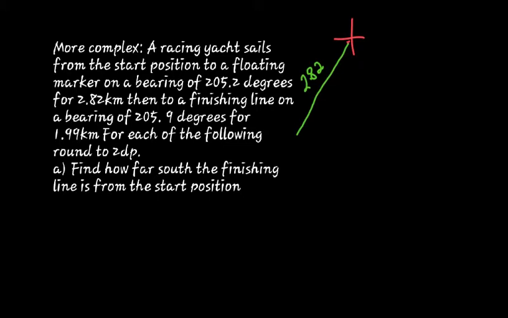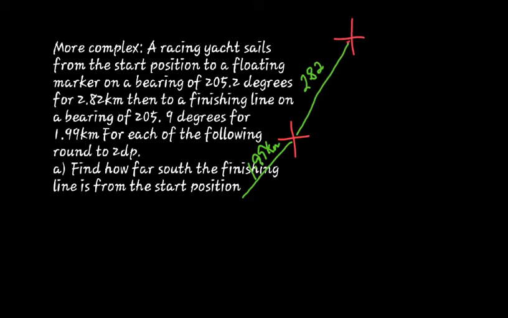Then to a finishing line. So we need another compass here. And we're going on a finishing line, which is 205.9 degrees. So that's again back out here. And they're going that for 1.99 kilometres.